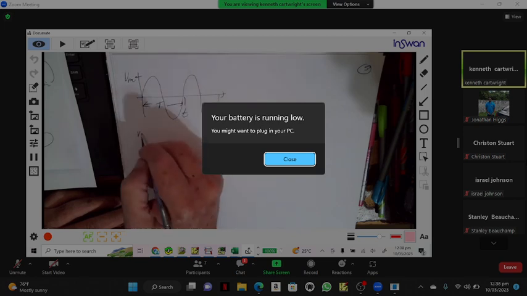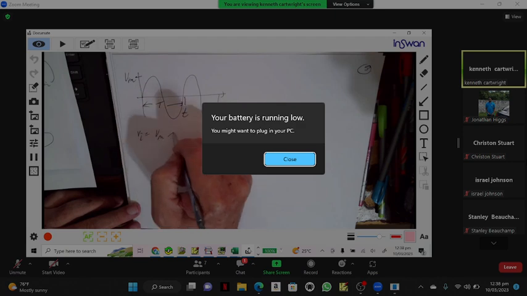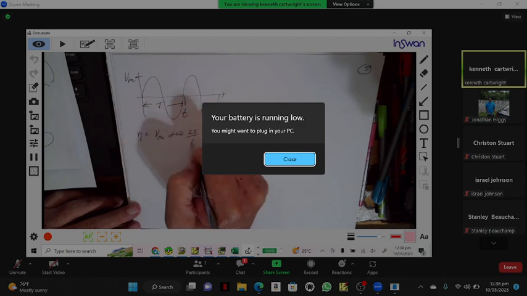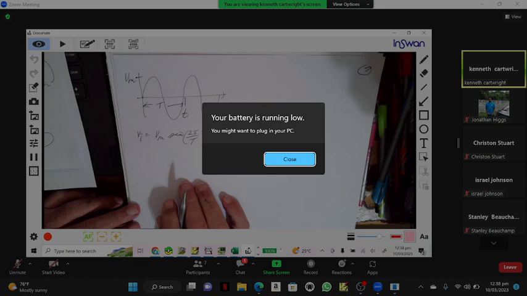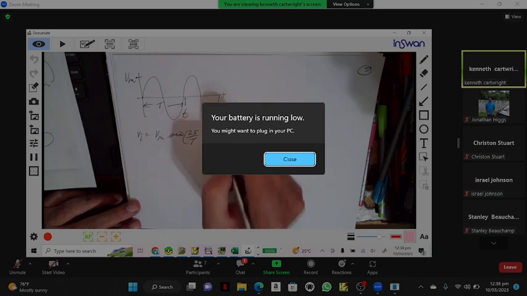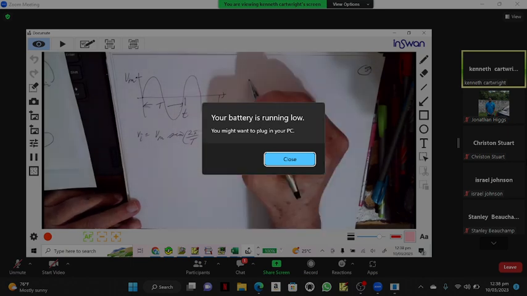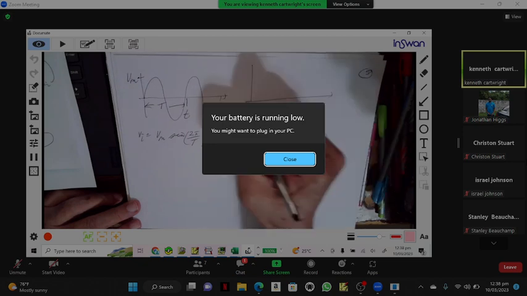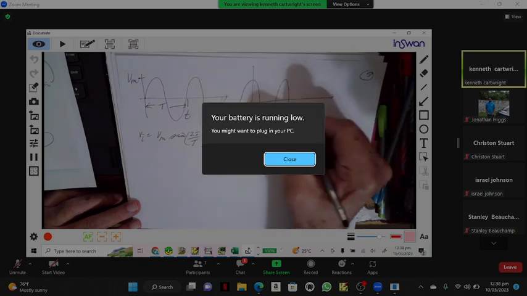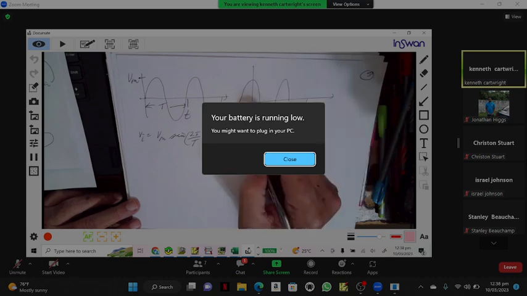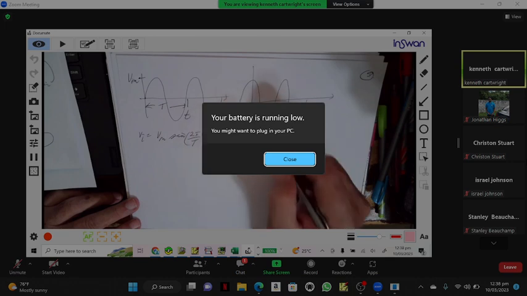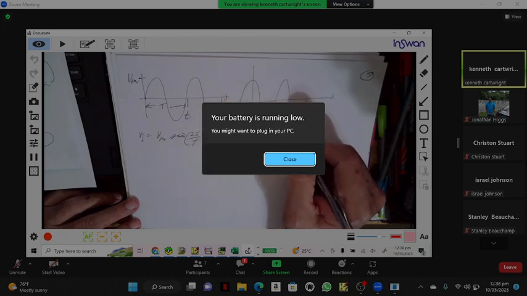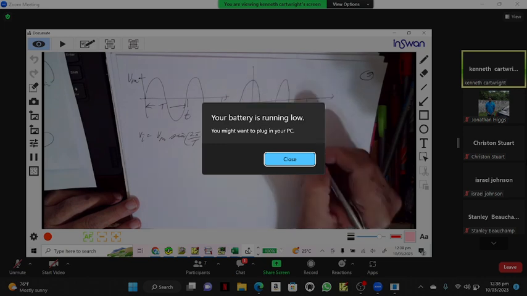So here VI is VM sine 2 pi over the period T. That's the equation. Or we could do this: VI2 is VM cosine 2 pi over T. This is 90 degrees ahead.